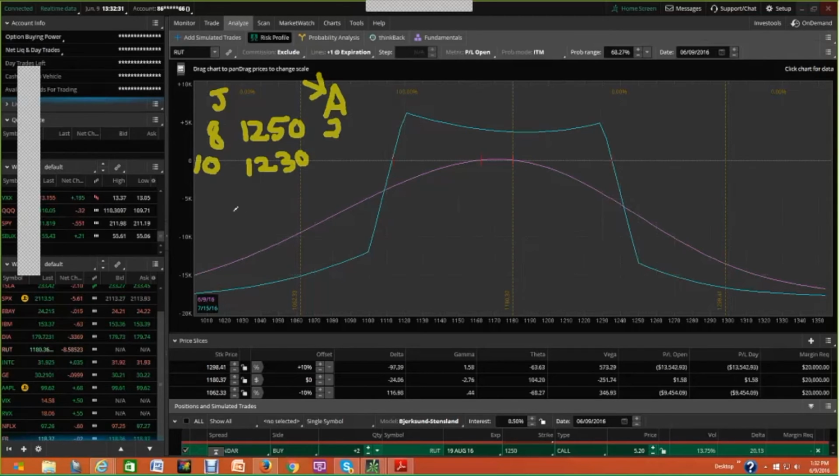On the put side, we're selling 10 of the July 1120 puts. We're buying 8 in July at the 1100s.